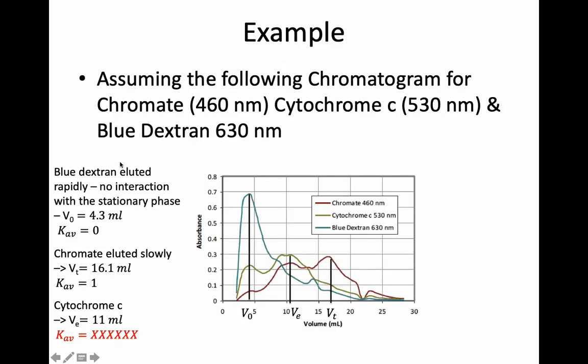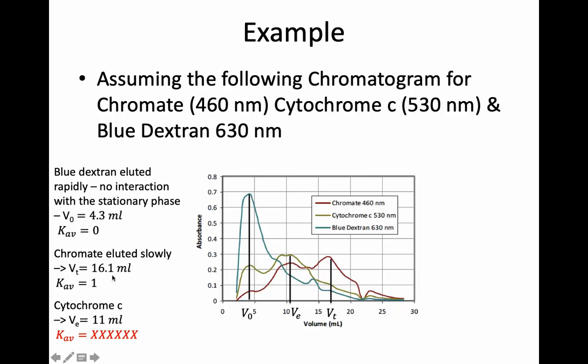We consider this as our non-interacting tracer, and so we consider its elution volume of 4.3 ml the void volume, so its KAV is going to be 0. Then we're going to look at the chromate, which is eluted at basically 16 minutes, all the way here.